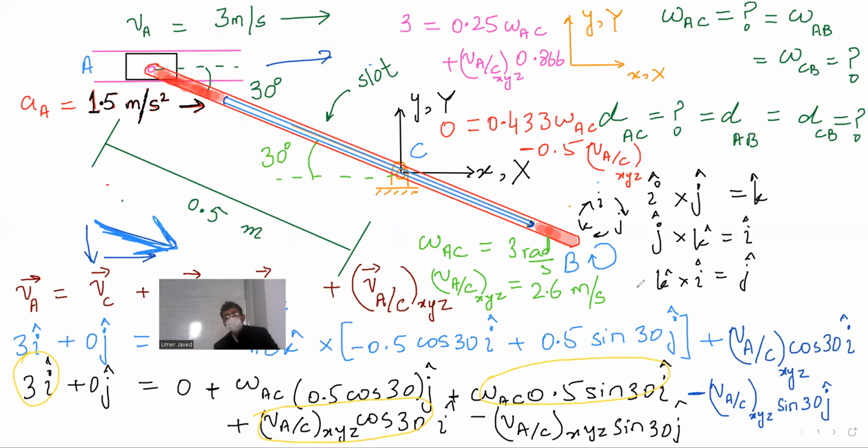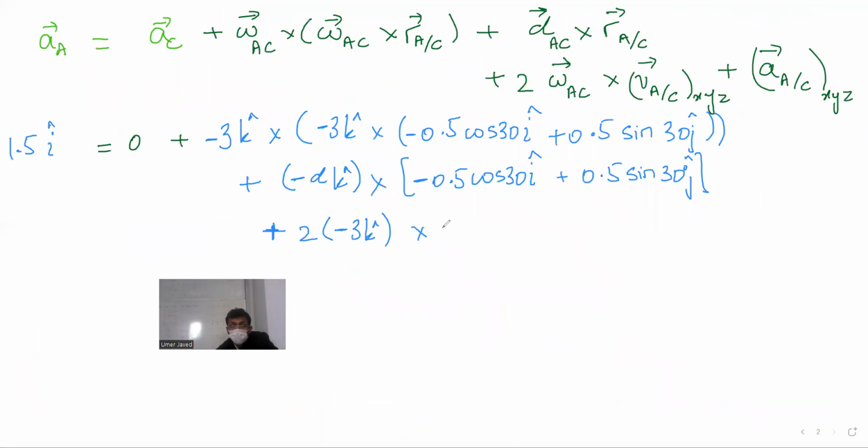This means maths is telling me you were right about your assumption that the piston appears to be going close to this point C, which is very intuitive. For sure it is going. So this means I will be using the same positive 2.6. 2.6 cosine 30 towards right, I, minus 2.6 sine 30 J, correct? Okay.